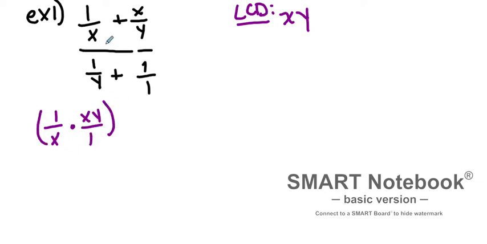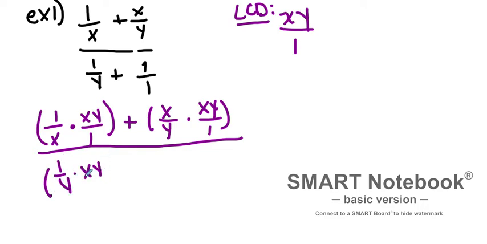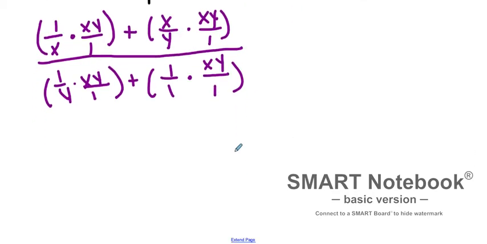Then I have a plus, so then x over y, and I'm going to multiply that by my LCD, xy over 1. If you want, put this over 1 so you know where it's coming from. All over 1 over y times xy over 1, plus 1 over 1 times xy over 1. All right, good. Now let's simplify.